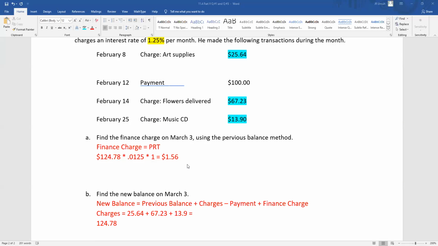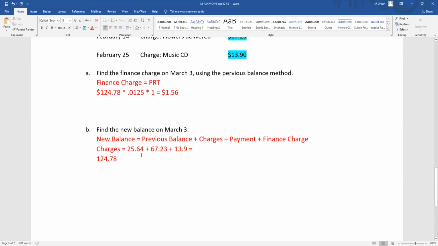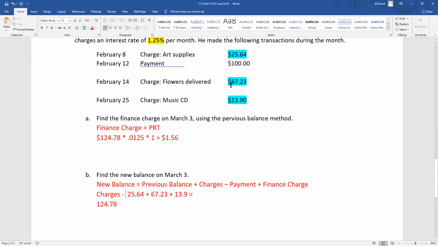I've highlighted the charges and made another line under part B where we've got the new balance. The charges are simply adding these up: 25.64 plus 67.23 plus 13.90 comes out to 106.77. Again, just use your calculator for that.